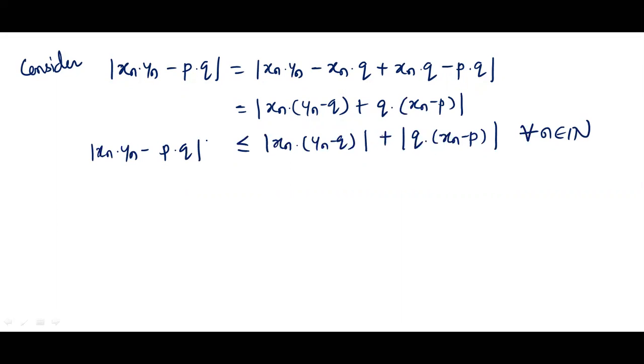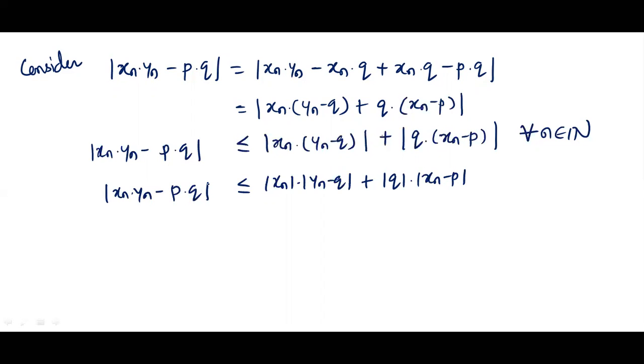Mod of xn into yn minus q is equal to mod of xn into mod of yn minus q, and this term is equal to mod of q into mod of xn minus p. Means we have addition of these two terms is greater equal xn into yn minus p into q, and this is true for any natural number n. Call this as 1.